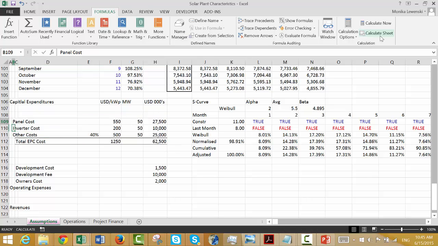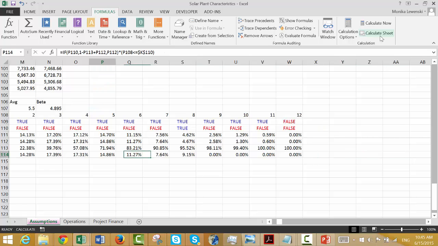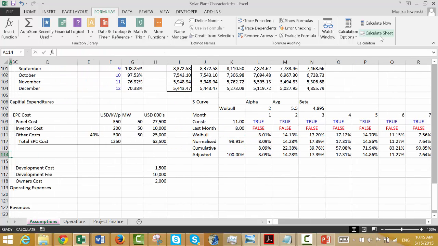Okay. We'll put EPC cost. And we can apply this on a month-by-month basis to our others.